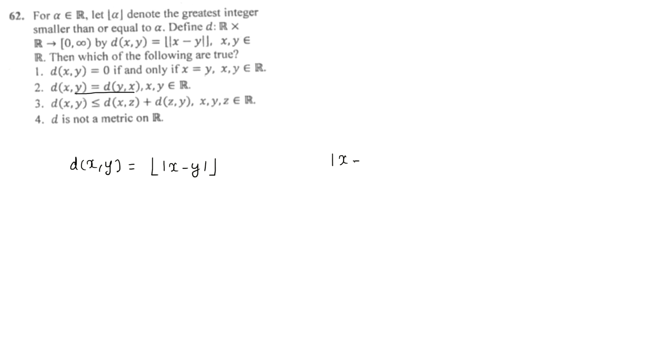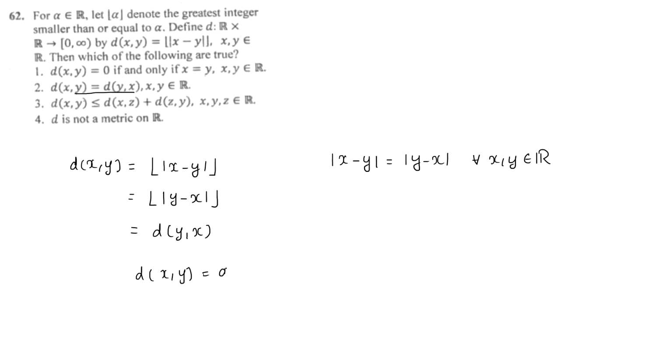Clearly we know that mod x minus y is equal to mod y minus x for every x and y belonging to R. Therefore the greatest integer smaller than or equal to mod x minus y is equal to the greatest integer smaller than or equal to mod y minus x, and this is equal to d of y, x. So we have d of x, y equal to d of y, x for every x and y in R. So option 2 is correct.